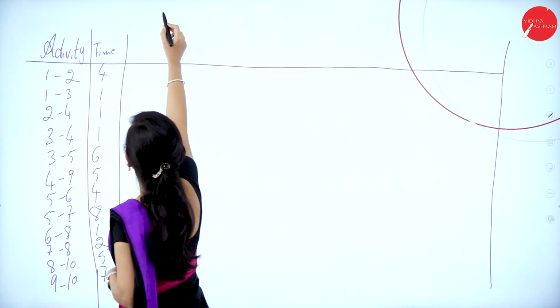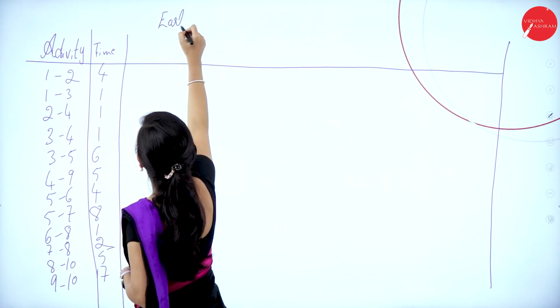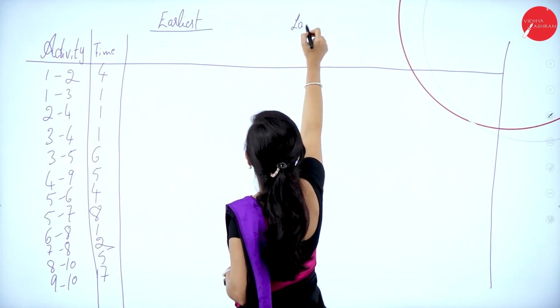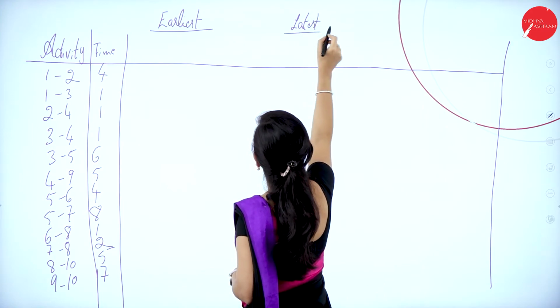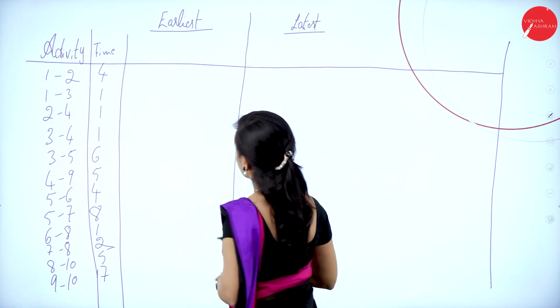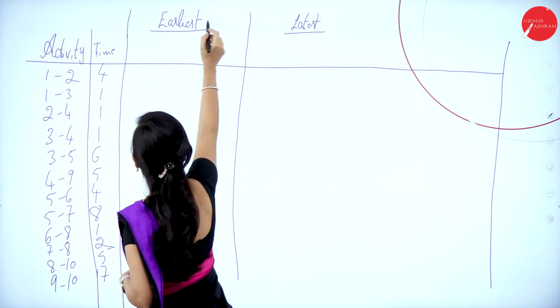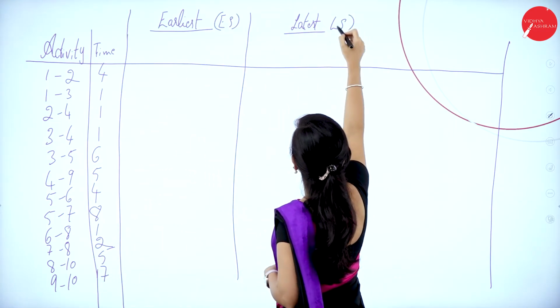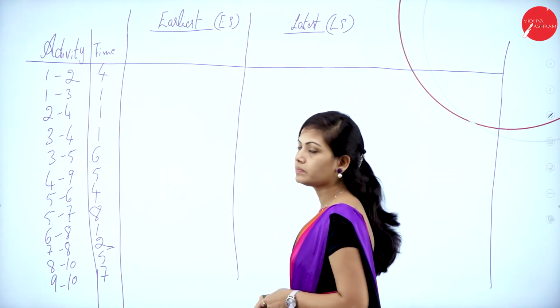So next you have to find the earliest and latest times. For earliest time, I can call it ES, and latest is LS.